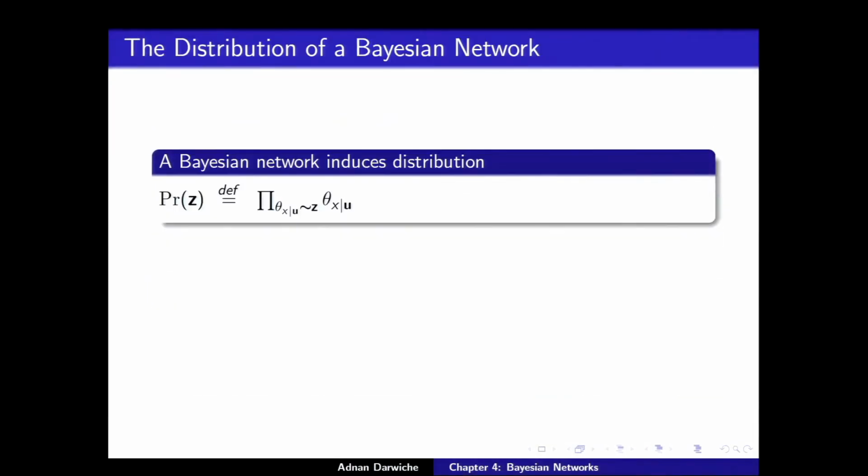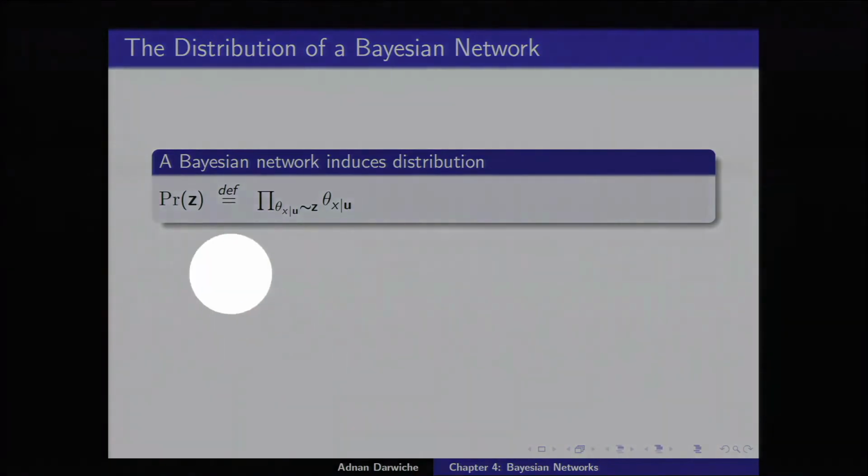Here's the distribution that's induced by a Bayesian network. Look how simple it is as an equation, and then we'll look at a concrete example now. Remember, the Bayesian network in this case is over the variable z. So this guy, small z bold, is one particular instantiation. If I show you how to compute the probability of this, we're done, right? You just use it for every possible instantiation.